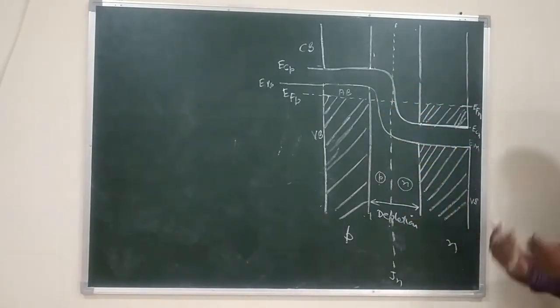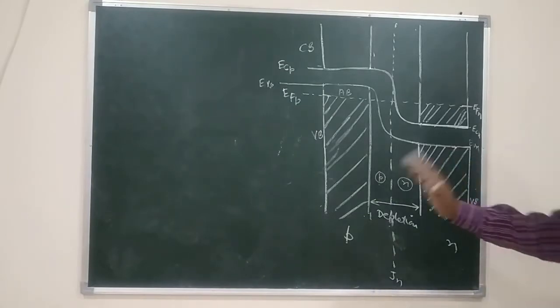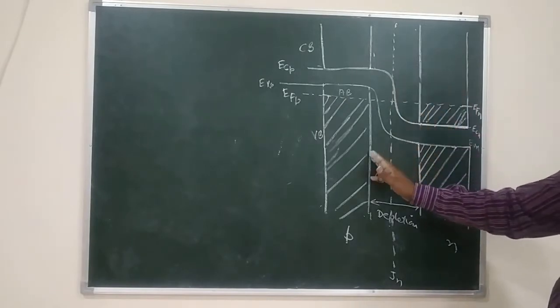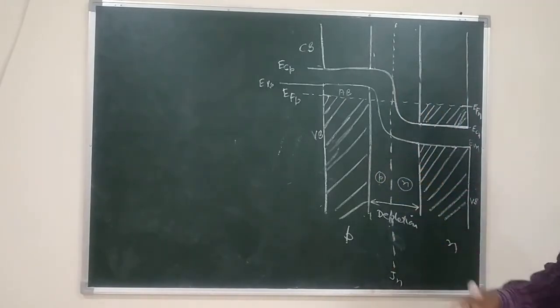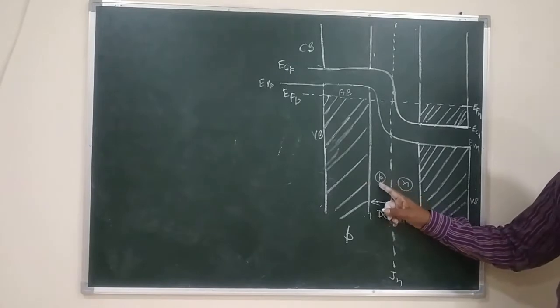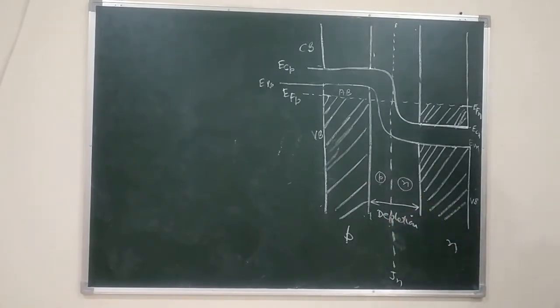Some part of it is N type, and some part of it is P type. Please remember the widths of both of these are not equal. I will not go into more detail than this, so you can see any standard book on semiconductors. In the depletion region, the width of the N part and the P part is not the same.